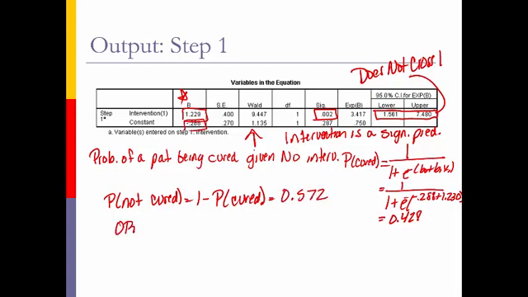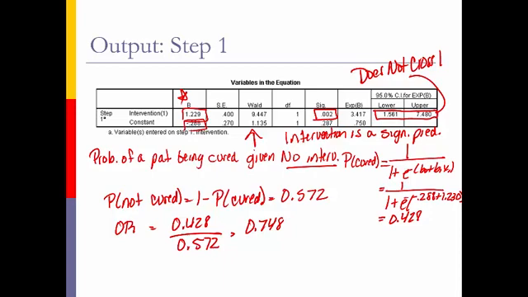So the odds ratio is 0.428 divided by 0.572, which is 0.748. All right, so that is the before picture. Now we have to also calculate the after picture. So no intervention is before.